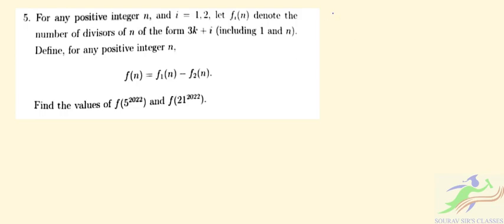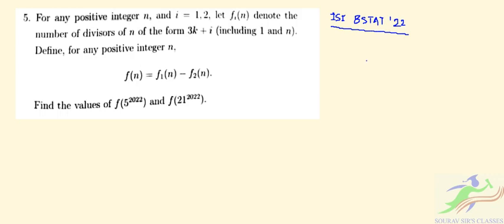So here I'm solving this ISI B.STAT 2022 paper. The question number 5: for any positive integer n and i equal to 1 and 2, let f_i(n) denote the number of divisors of n of the form 3k plus i, including 1 and n.